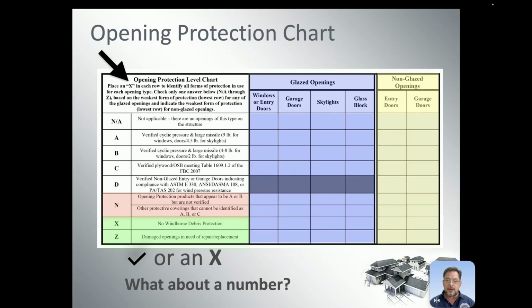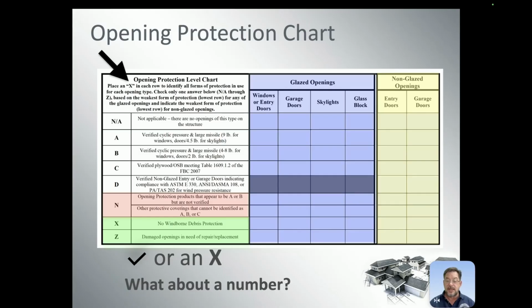The other thing here is we want to talk about the glazed, which is the blue. Those are glass openings: windows, garage doors with glass, skylights, glass block. We have the non-glazed openings in the far right column. We've now divided the N up, and we have two different sections in the N, but they're both N. One is appears to be A or B, but not verified.